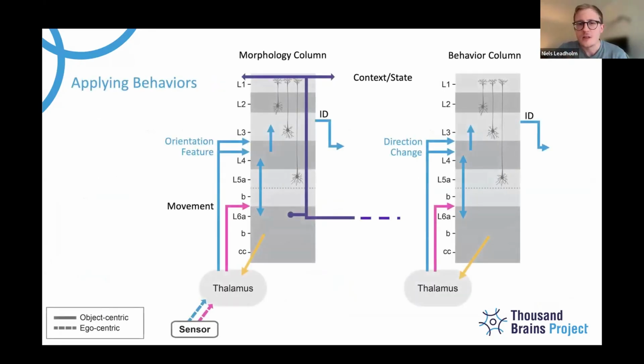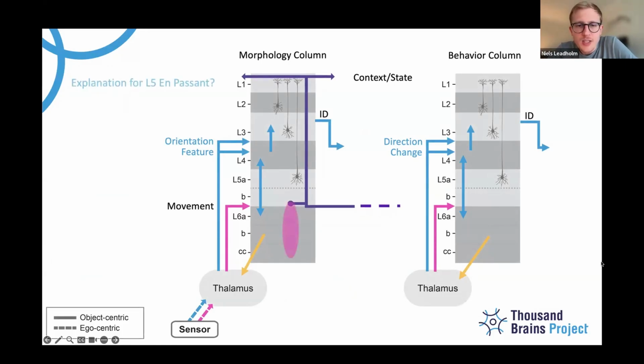And this is just showing our usual connectivity. We have a behavioral column and a morphology column, and of course the feedback has these en passant, or local, synapses in L6, and that's predicting the specific location. The simple observation, for which I'll show anatomical evidence in a moment, is that often these synapses also go into L5, where, as I think you've mentioned, Jeff, maybe we have cells that are the equivalent of the double bouquet cells, but for movement vectors.